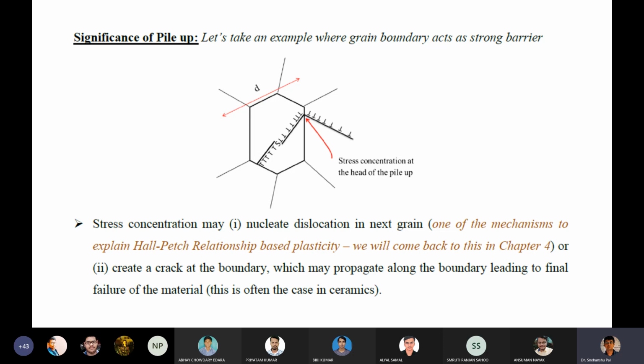If it reaches a critical value in a brittle material like ceramic, there is a strong chance of fracture. So, again I am repeating, the shear stress due to pile-up may cause fracture of the grain boundaries or nucleate sudden slip activity, as I told regarding the explanation of the Hall-Petch relationship.